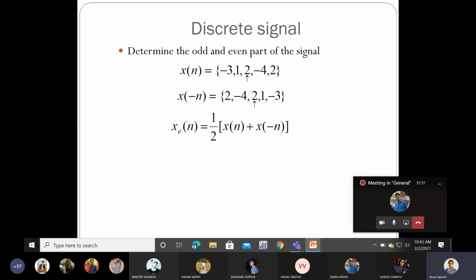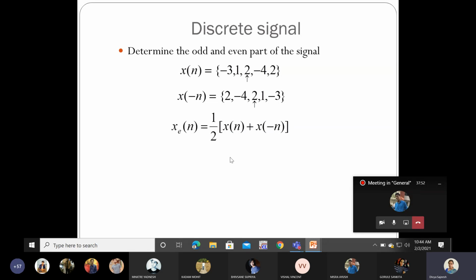Now let us write the general formula for obtaining the even part of the signal, that is half of x of n plus x of minus n. Now, can you tell how you will obtain x of minus 2, x of minus 1, x of 0, then x of 1, x of 2?